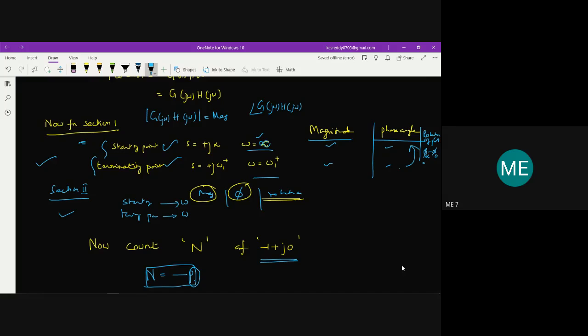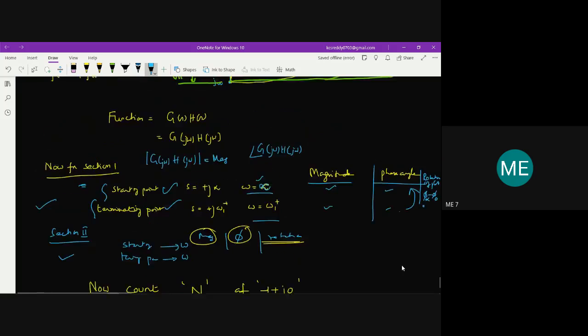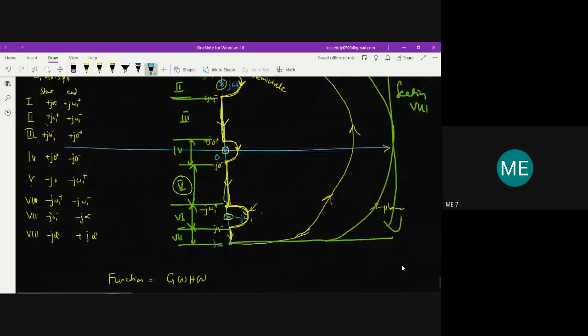Here, one more very important thing is that some sections are mirror images. The fifth, sixth and seventh sections are the mirror images of the earlier sections.